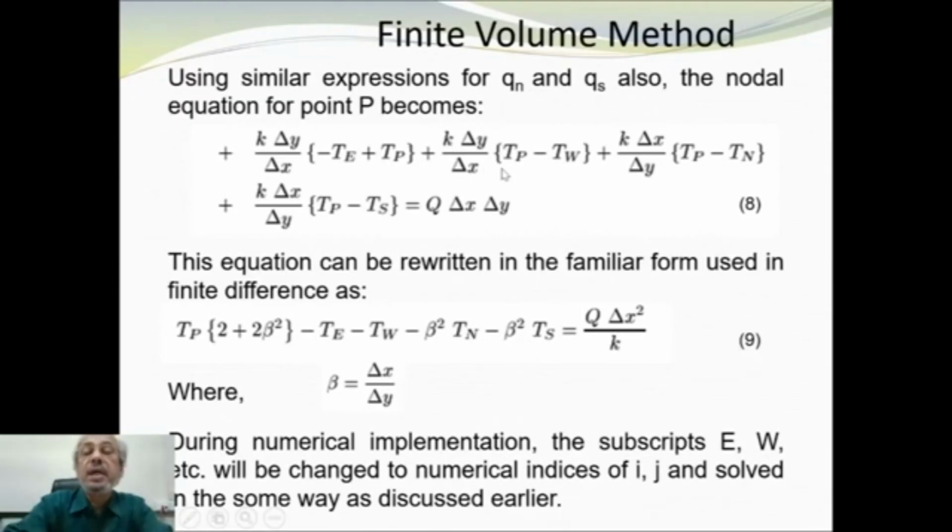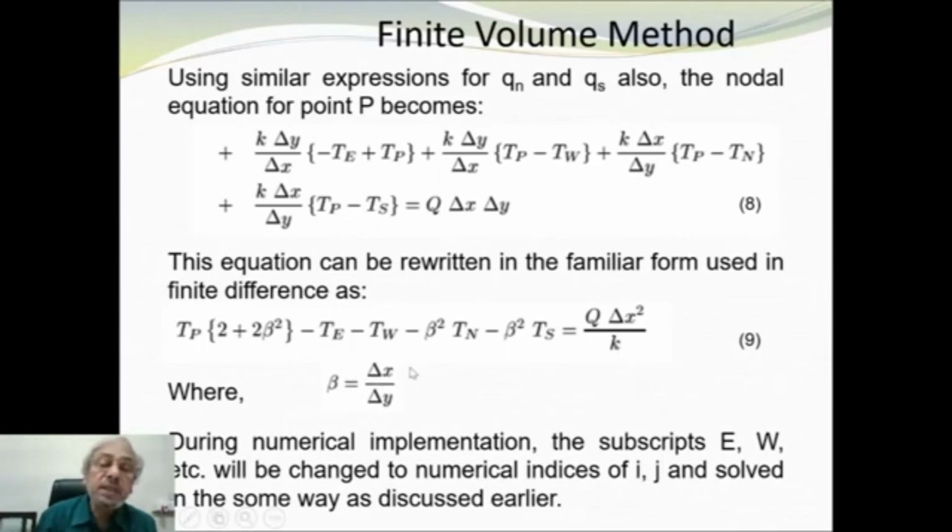We are simply substituting the heat flux quantity multiplied by the area through which it is going out and coming in. We will get equation 8. Now if we simply substitute delta X by delta Y equal to beta, the aspect ratio of the grid, we will get equation 9: TP (2 plus 2 beta square) minus TE minus TW minus beta square TN minus beta square TS equals Q delta X square by K.